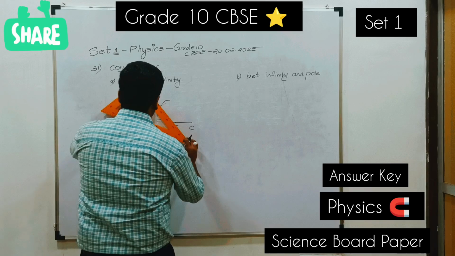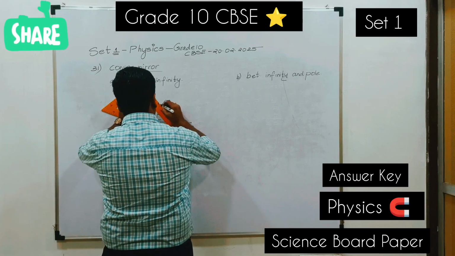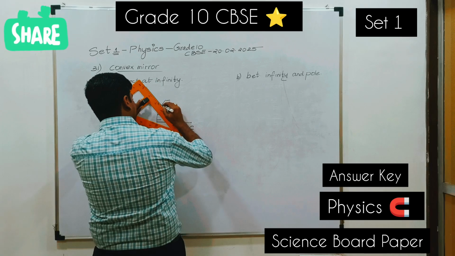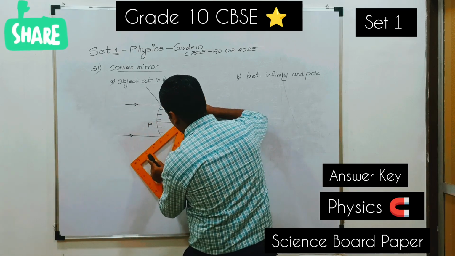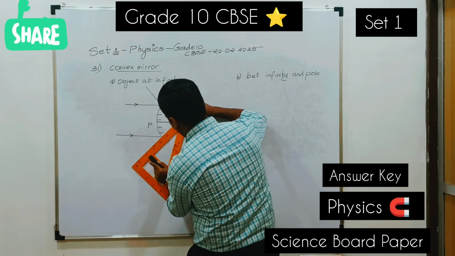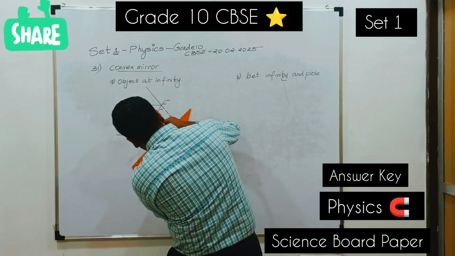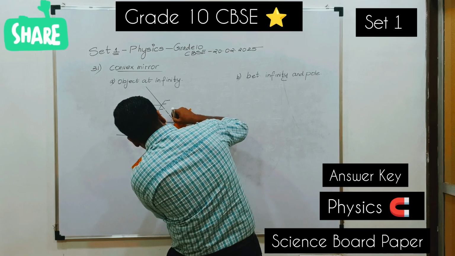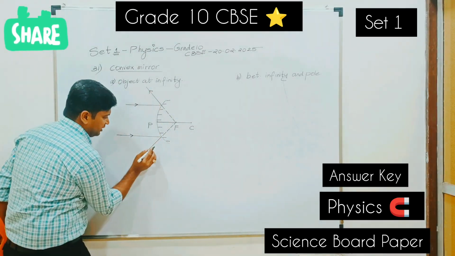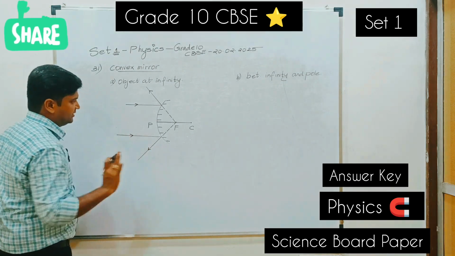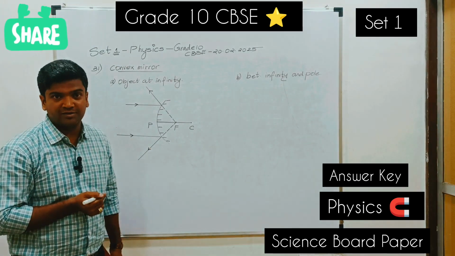So this is the diverged ray, and if you take it back, it appears to be coming from the focus. Here also, this is the diverged ray, and if I bring it back, it appears to be coming from the principal focus. That's it. Done. To draw this, you get 1.5 marks.